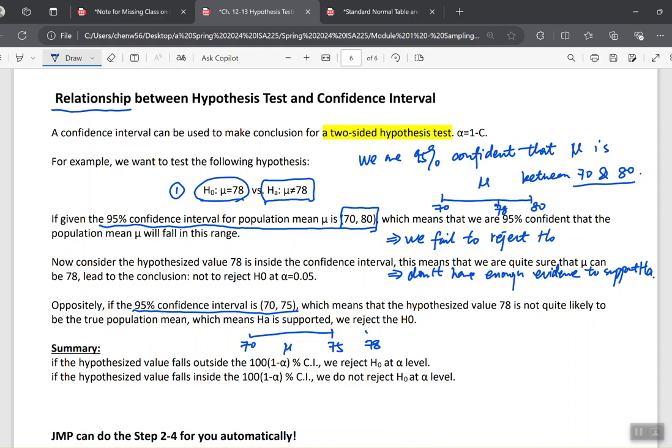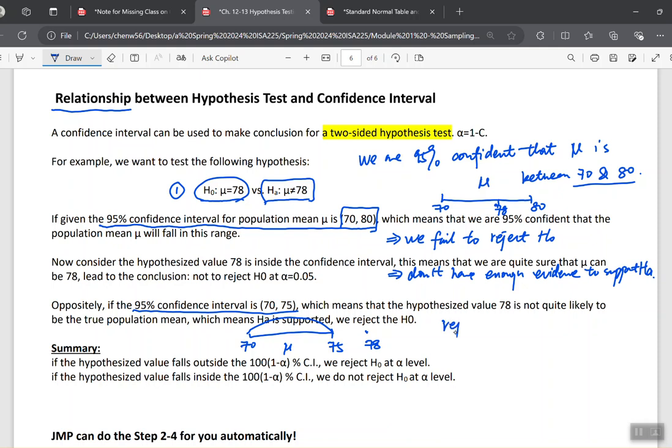So it's kind of this last question in your essay assignment 1, right? So then we say we are quite confident that the population mean falls in this range. That means the population mean cannot be 78 because it falls outside of the confidence interval, right? So that means the mean cannot be 78.